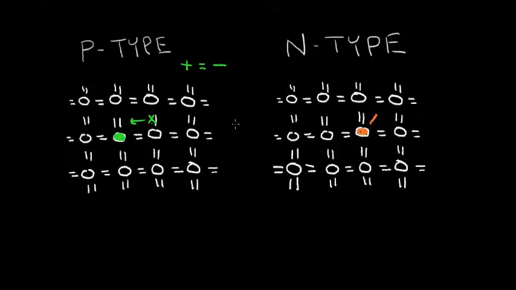But I don't want to draw all these little silicon atoms and all these electrons. So let's take this p-type region and let's replace that with an equivalent symbol.